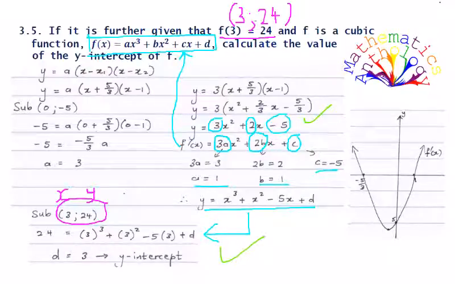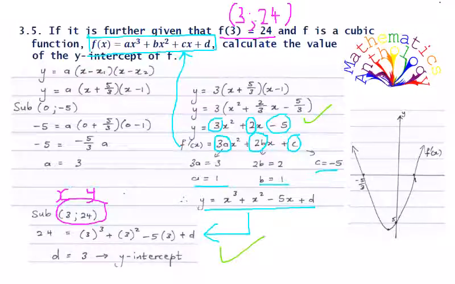But I already have the equation of my derivative graph, which is y is equal to 3x squared plus 2x minus 5. If I just match those values, the coefficients of x squared will become 3a is equal to 3, the coefficients of x will become 2b is equal to 2, and my constants will become c is equal to negative 5.